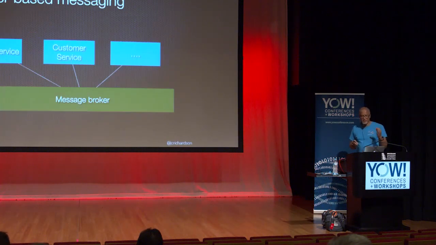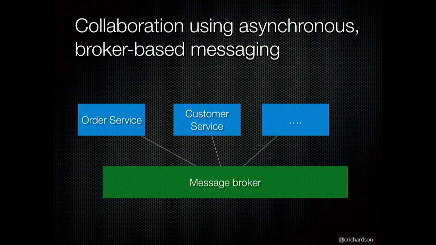So it turns out that a much better way to ensure data consistency and to reliably implement sagas is to use asynchronous messaging. The participants in this saga communicate via a message broker. The order service will execute its local transaction, send a message via the message broker to the customer service, and so on and so forth. And this will ensure that the saga completes.